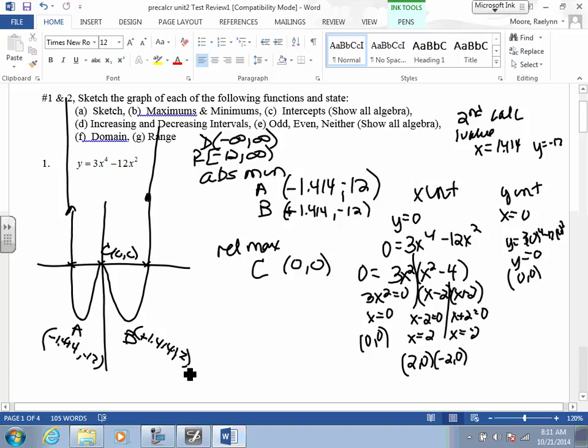We're decreasing from negative infinity. We stop when we hit this x value, negative 1.414. From this x value to this x value, our function is increasing. So we're increasing from negative 1.414 to 0. From this x value to this x value, our function is decreasing. So from 0 to 1.414, we're decreasing. And then we're increasing from this x value to infinity.